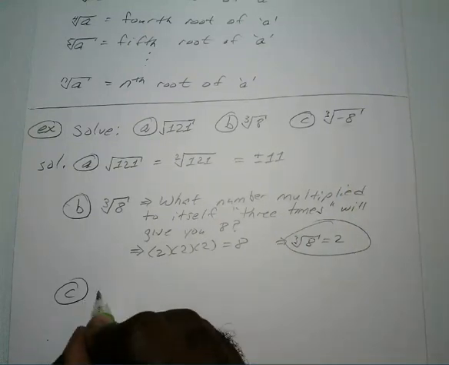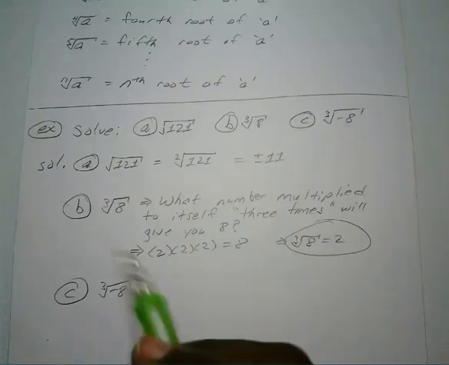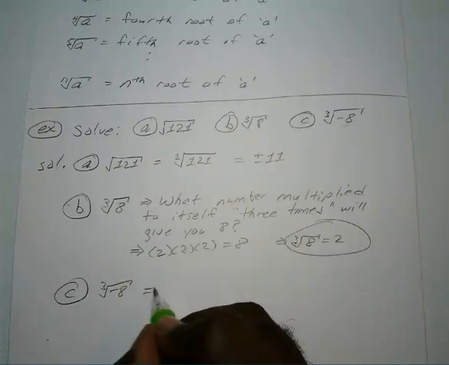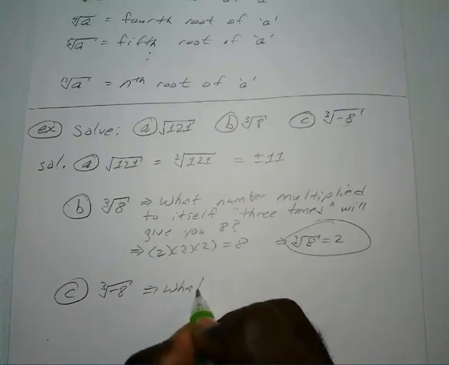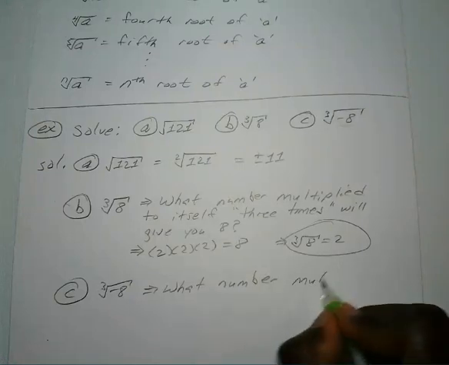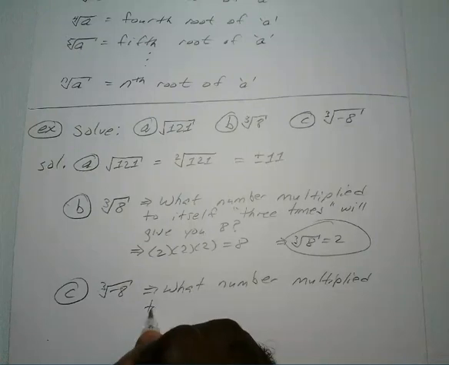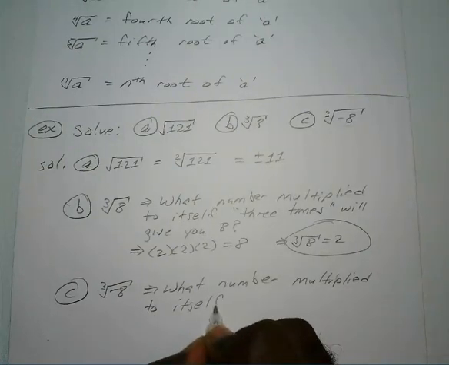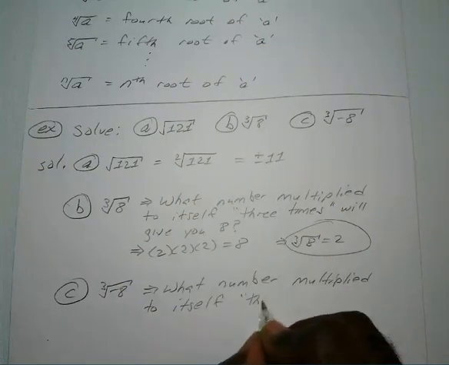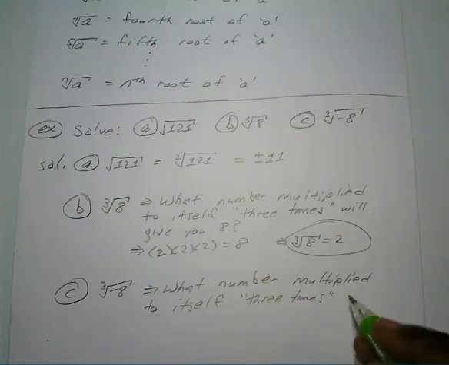So if you have the cube root of negative 8, again, we're going to ask what number multiplied to itself 3 times will give you negative 8.